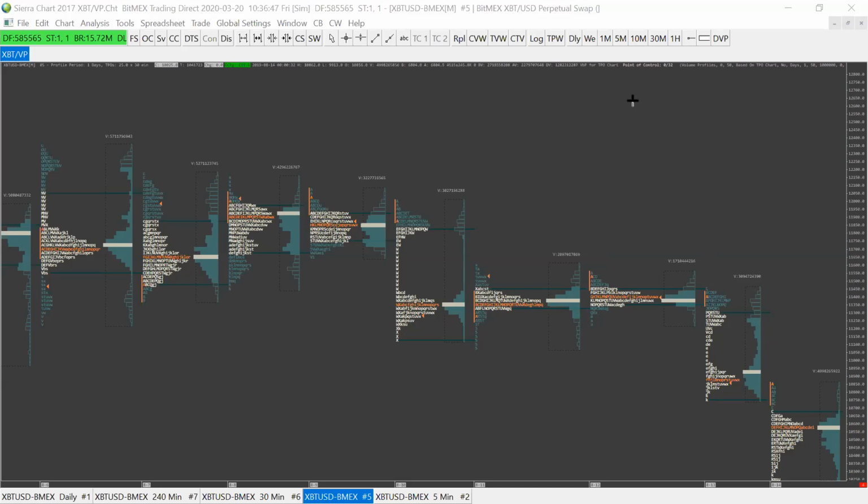And if price is to remain in balance, I really don't expect sellers to be providing liquidity down in here, because these are relatively disadvantageous prices. But the fact that volume's starting to build at the lower end of the range suggests that a breakout is imminent.